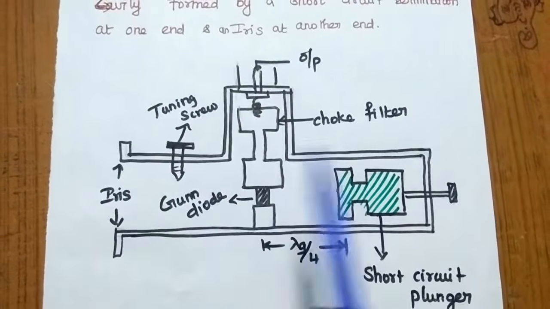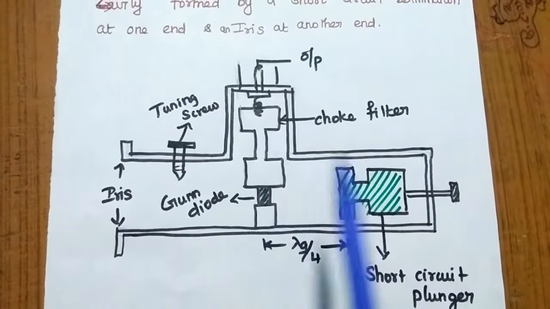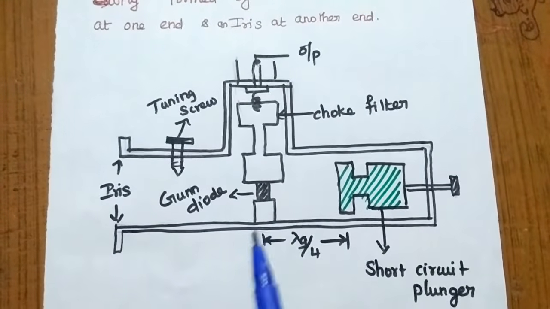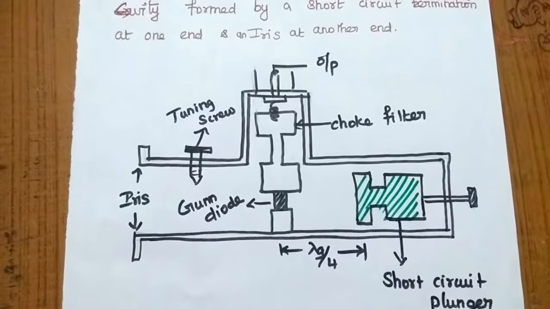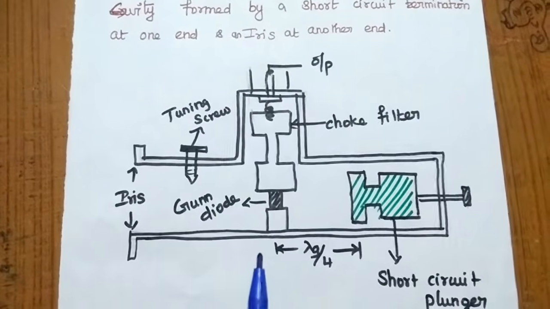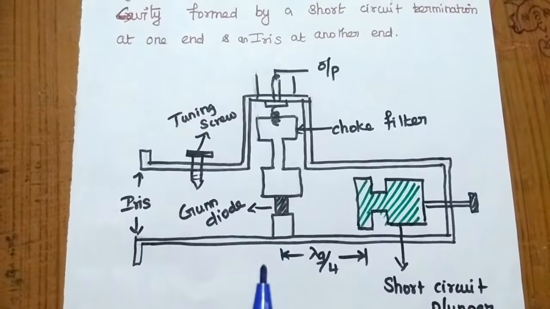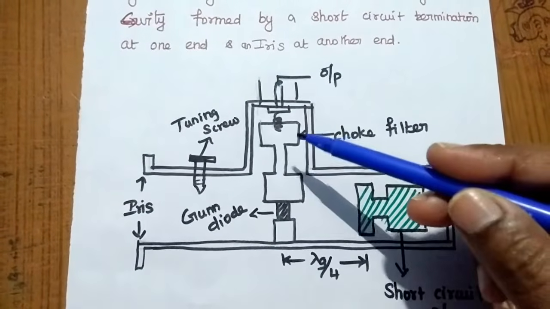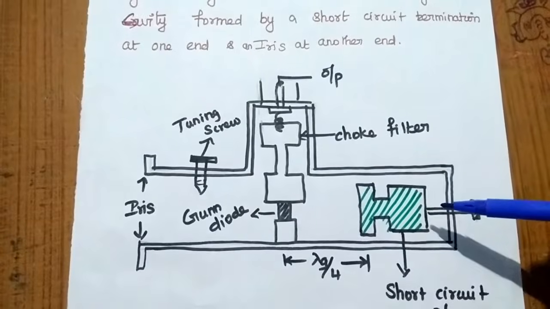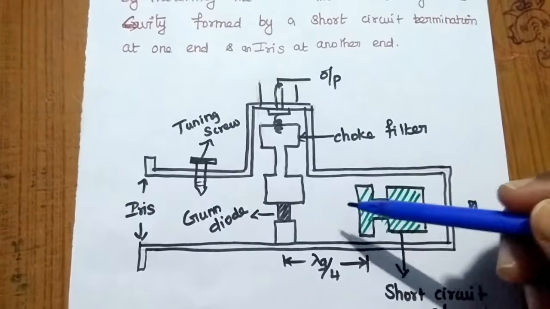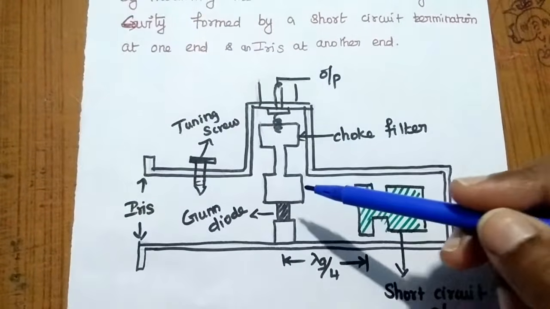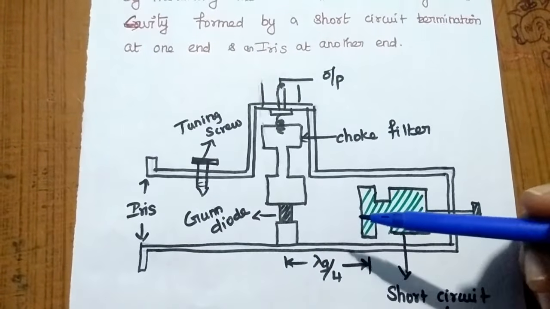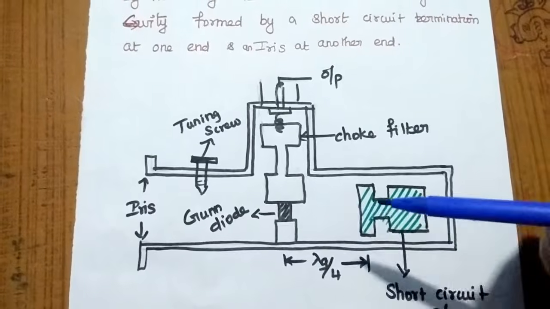Here, this waveguide cavity is acting as a resonator. Now we are going to tune this cavity to the resonant frequency, that is F0, by adjusting the choke filter and the short circuit plunger. By adjusting this sliding short circuit plunger, we can obtain the resonant frequency.